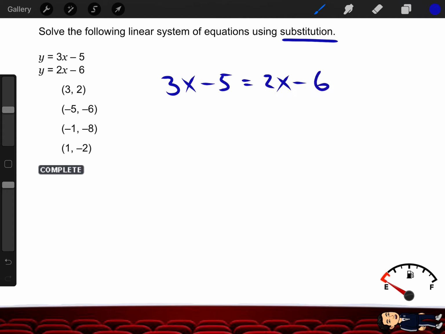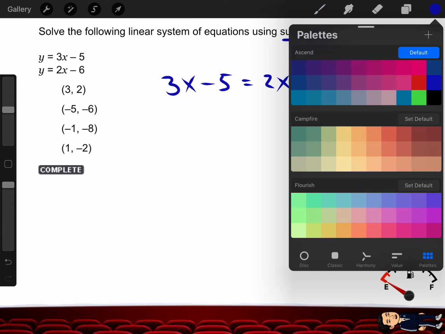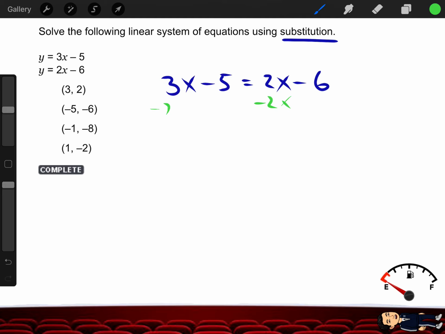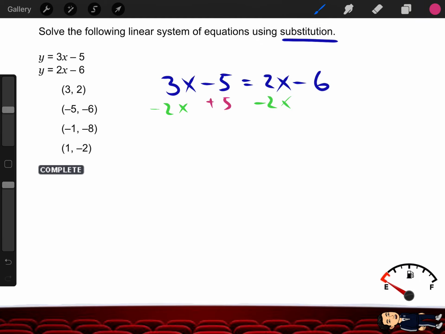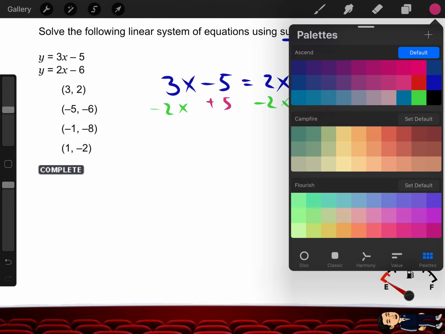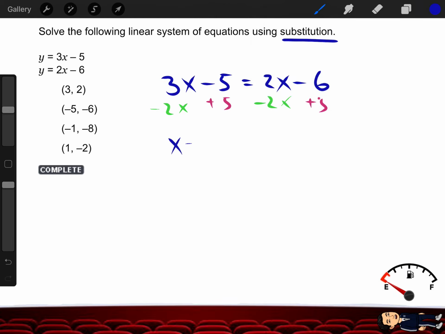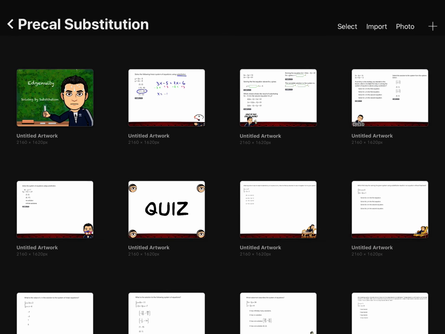Go ahead and solve it. We're going to subtract 2x on both sides, and add 5 on both sides. So I'm going to get x equals -1. That's the only one you get for x equals -1, so I don't need to go ahead and solve for y.